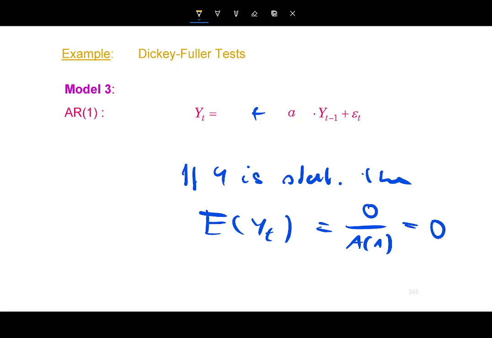So if the process is stationary, it's going to be stationary around the mean 0. This is model 3, guys. There are other options, but that's one option.